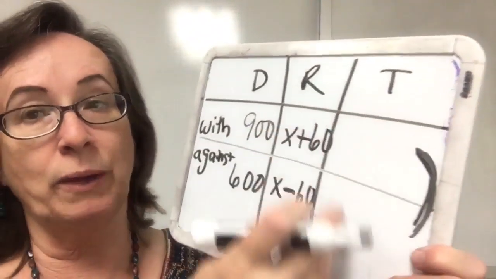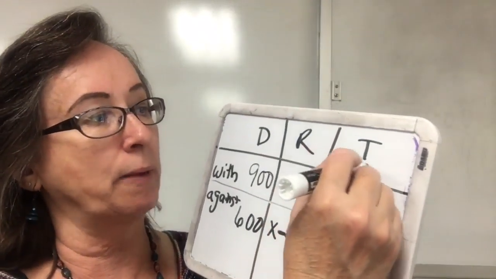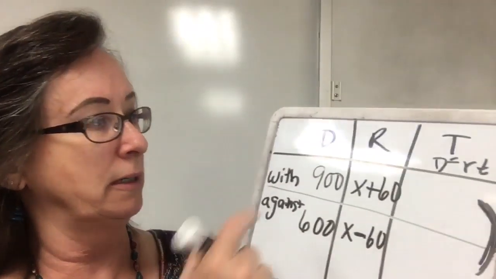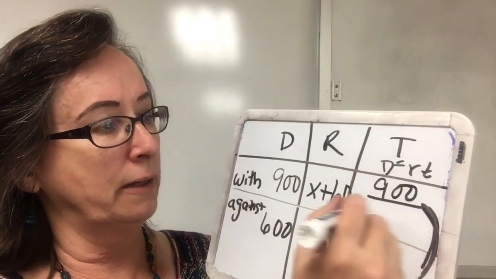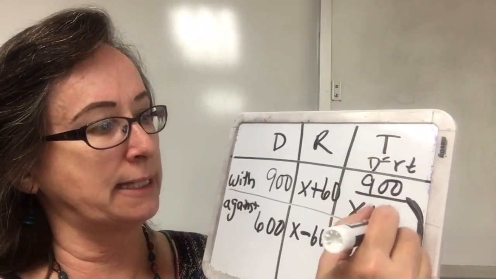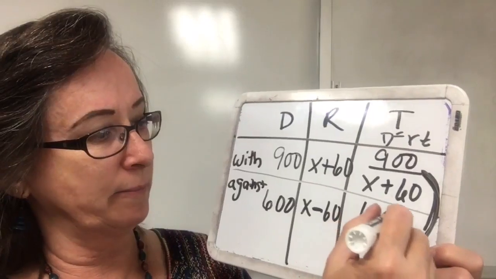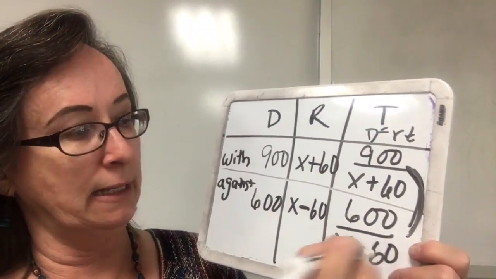And again, we have an empty slot here for our time, and distance is rate times time, so time is d over r. d over r is 900 over x plus 60, and d over r is 600 over x minus 60.